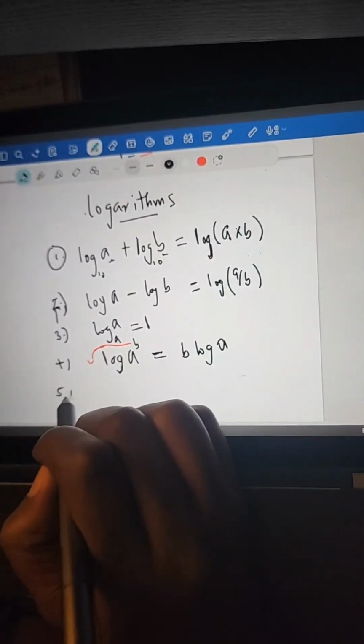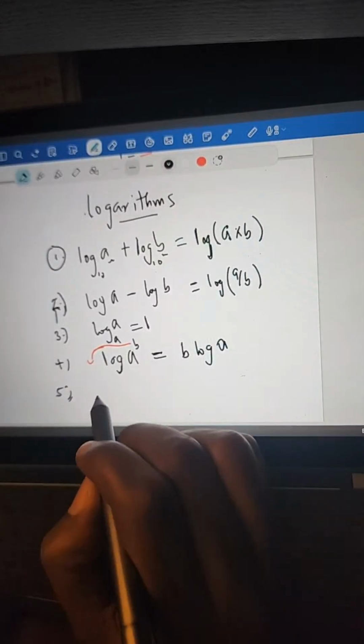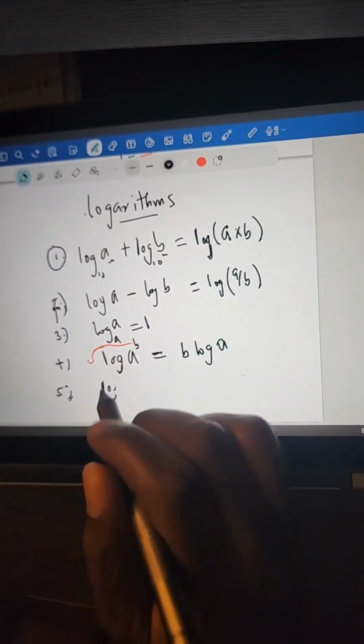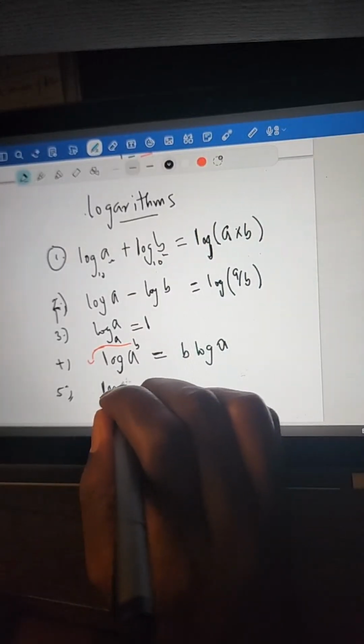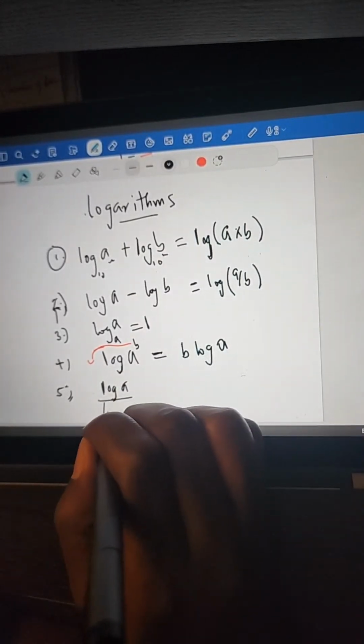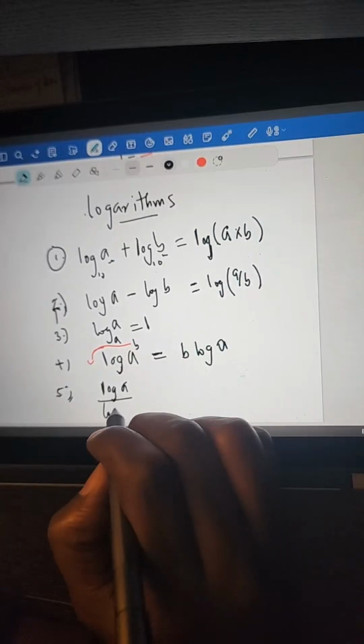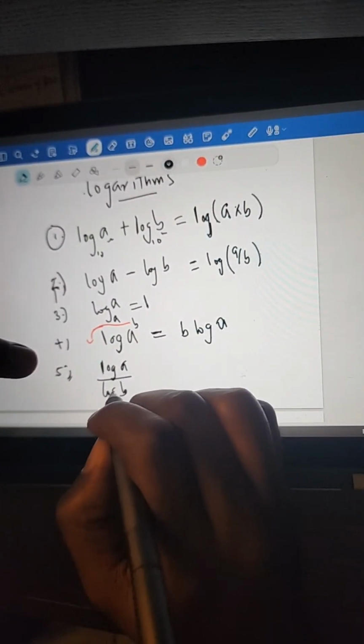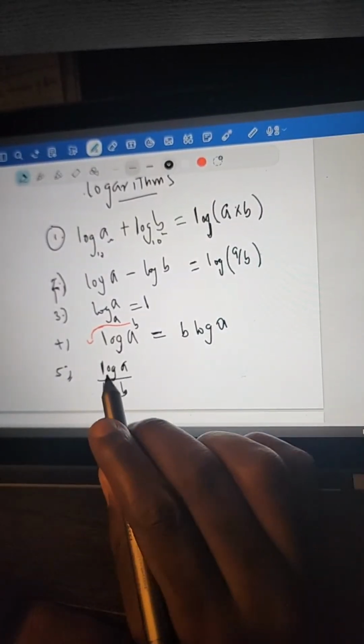Another law, if you know of any law, you can let me know, please. You see, if you have log A divided by log B, they are having the same base.